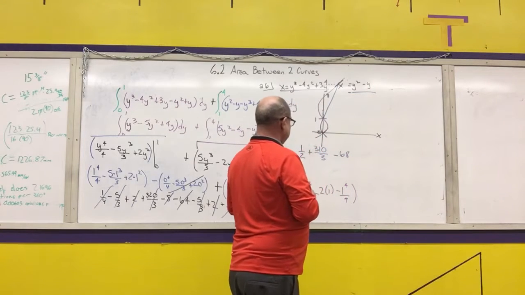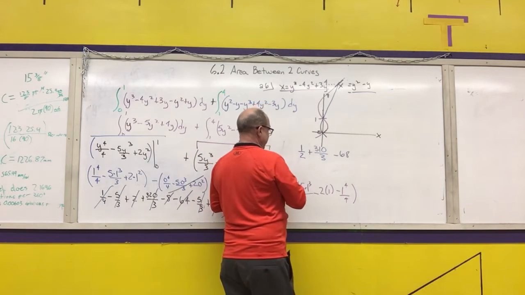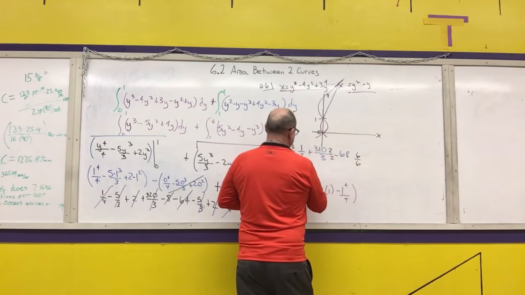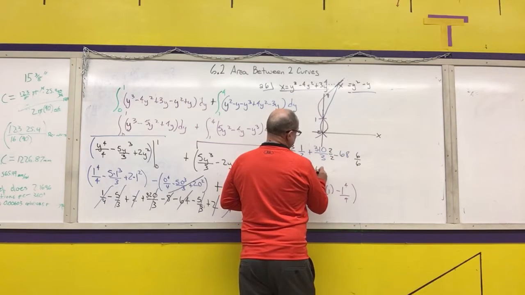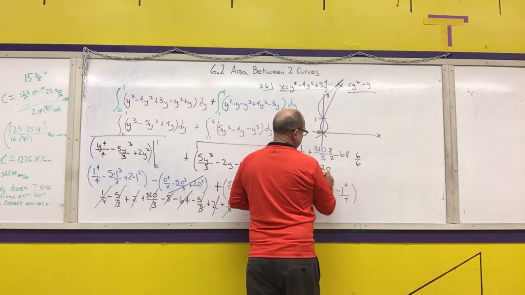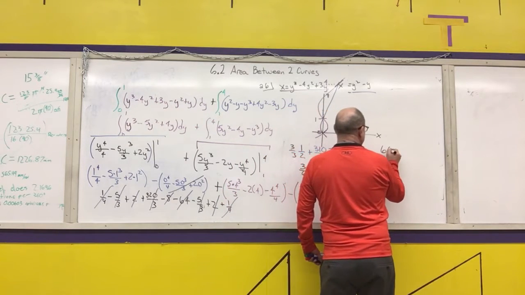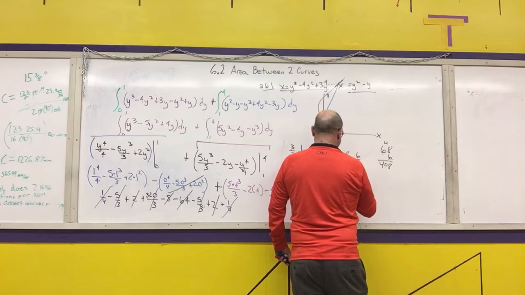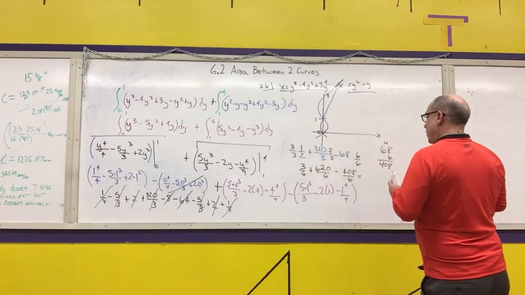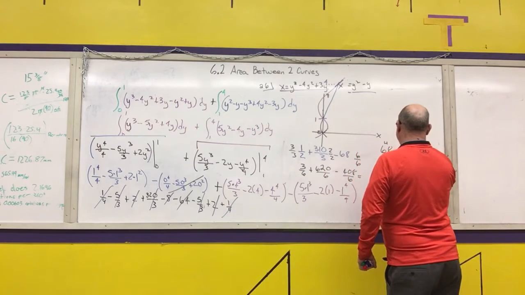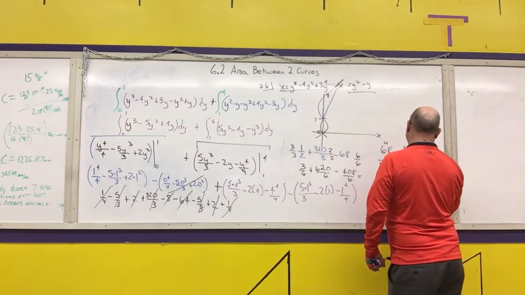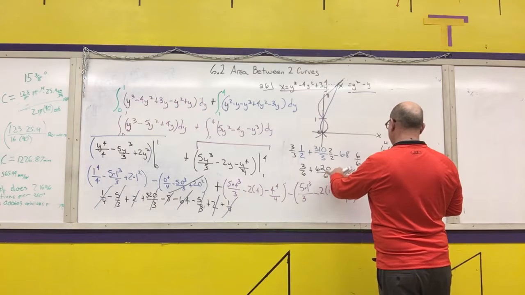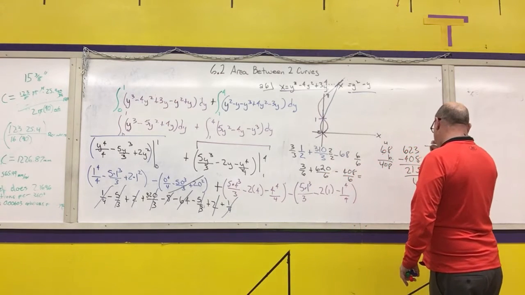Common denominator is sixths. So I have to multiply this by 3, this by 2, this by 6. 6 plus 620 minus 408, so I do not get a negative area. 623 minus 408 equals 215. 215 over 6. 3 goes into both of those?